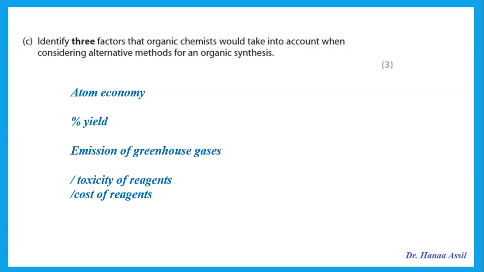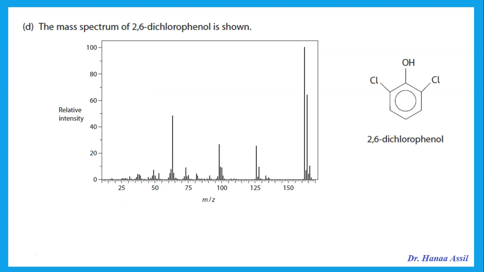The higher the atom economy, the better the sequence is, the percent yield obtained, whether this reaction will emit greenhouse gases or not, whether reagents are toxic or not. Also, you can take into account the cost of the reagents. All of these could be used to determine which procedure to use for an organic synthesis. The mass spectrum of 2,6-dichlorophenol is shown.